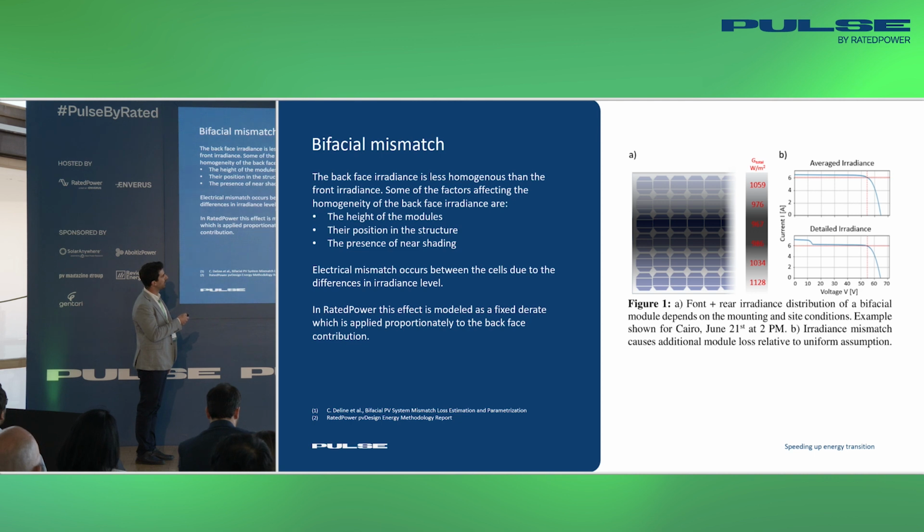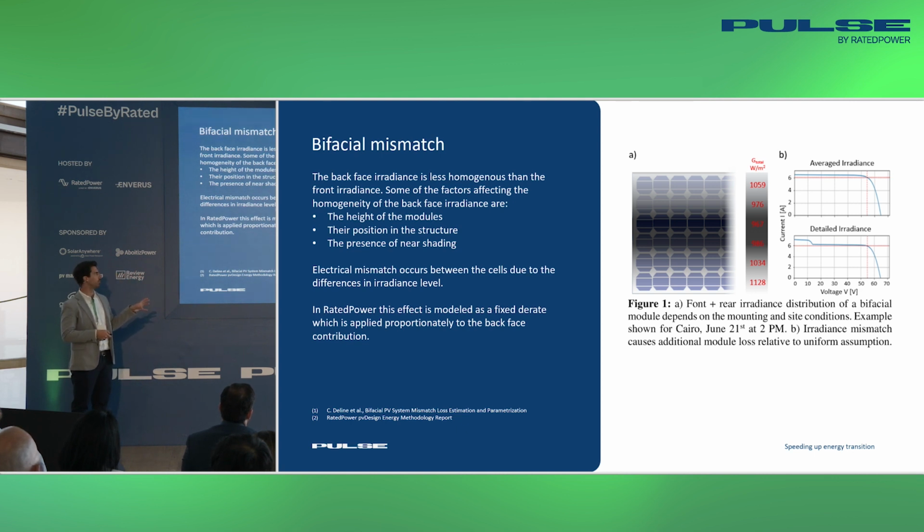You can see that here: the top value is 1,559, and then we have 1,128 over here, and there is a significant difference. And that's front plus rear, right? Here we are adding them both, but the gist of it is that there are significant differences, and that causes a small proportion of mismatch in the back face.